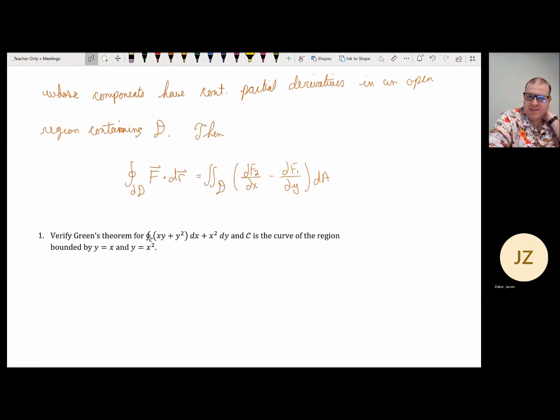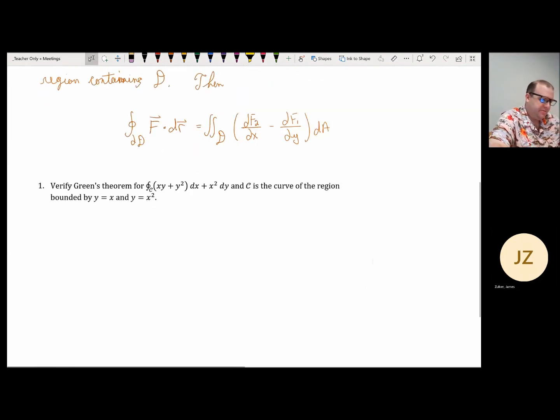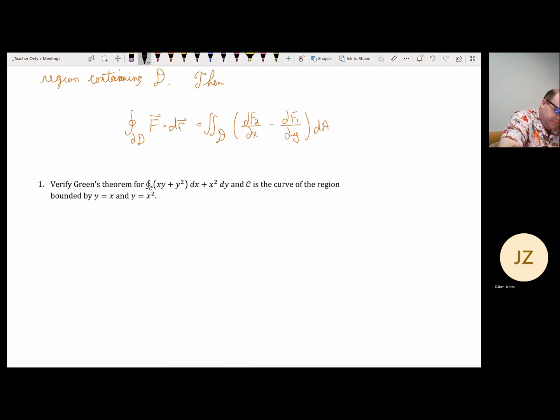We are going to verify Green's theorem. Our vector field, xy plus y squared, comma x squared.